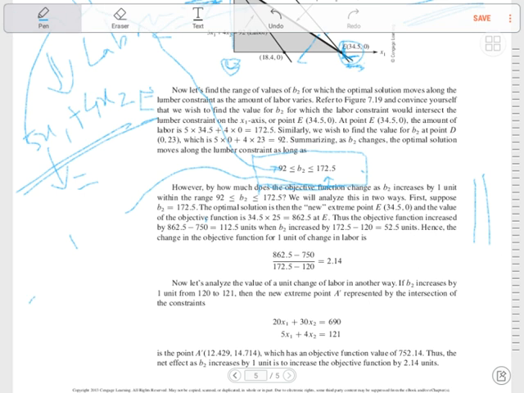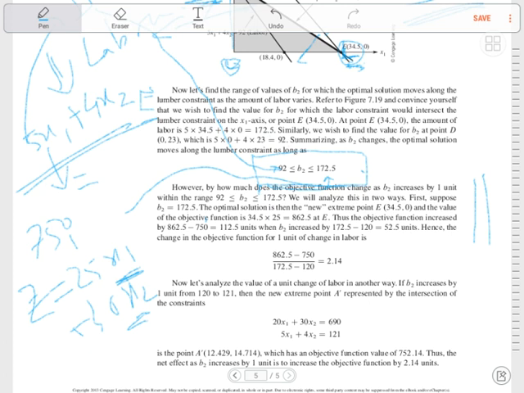So at E, x1 is 32.5 and x2 is 0, so it is calculated to be 862.5. Thus the objective function is increased by what amount? It was originally 750. It has increased to 862.5. So 112.5 units is the increment.